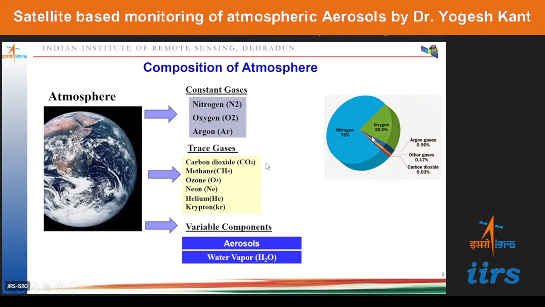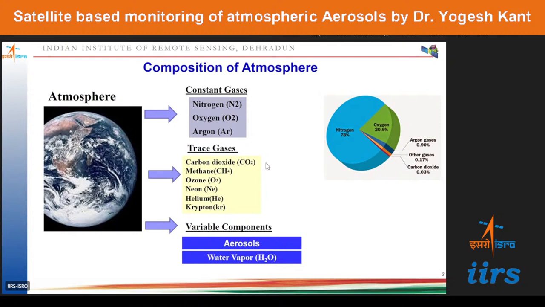You very well know that the atmosphere consists of permanent gases, trace gases, and variable gases. Permanent gases consist of nitrogen, oxygen, and argon in different proportions, which are nearly constant.